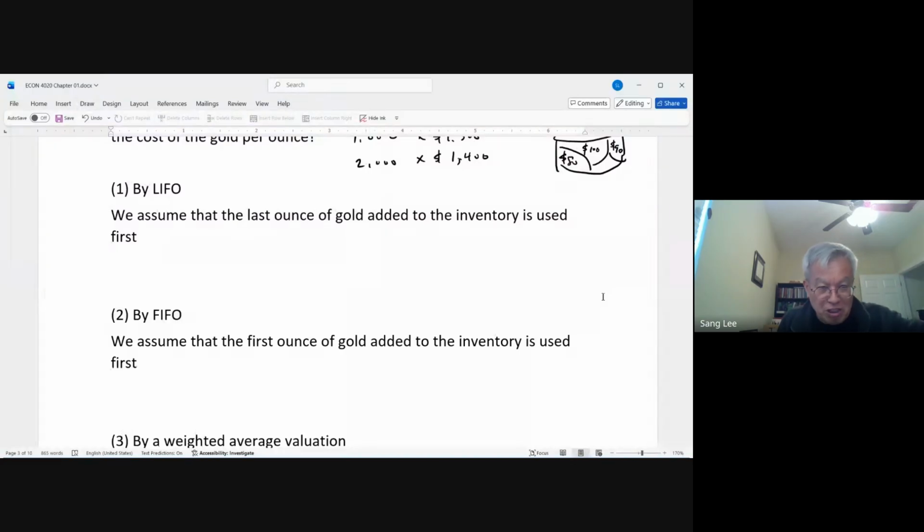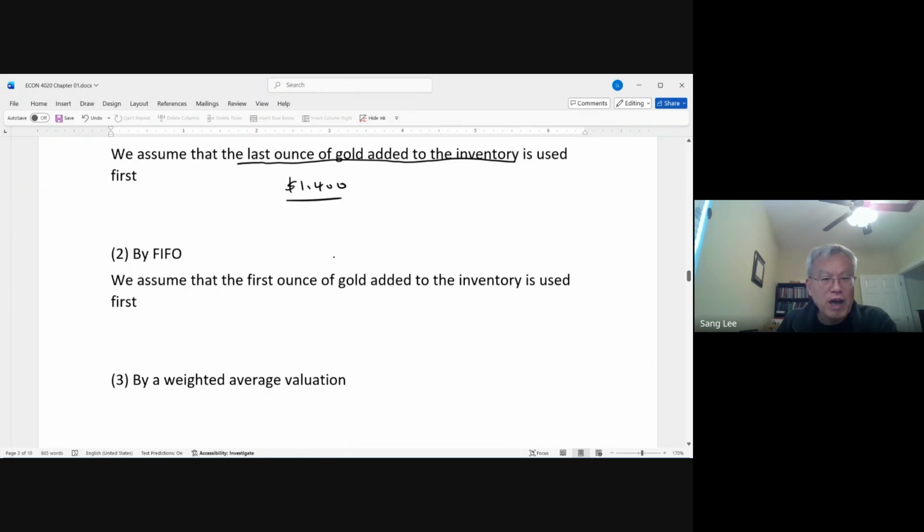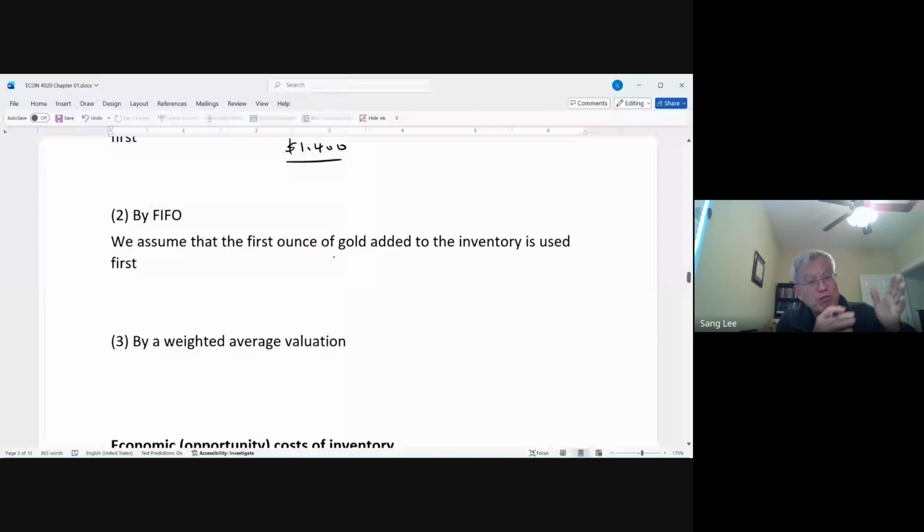Earlier we paid $1,300 per ounce. The second time, $1,400 per ounce. If you follow LIFO, we assume that you are using the last ounce of gold added to the inventory, so you paid $1,400. So the accounting cost of using gold based upon the LIFO method is $1,400 per ounce.